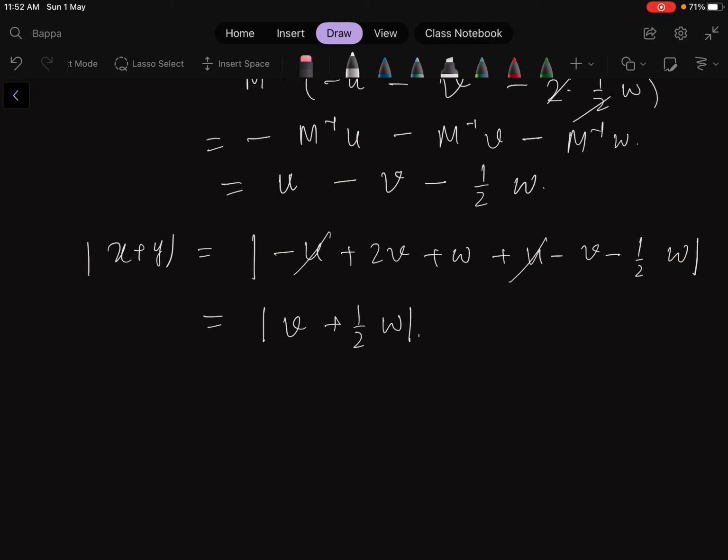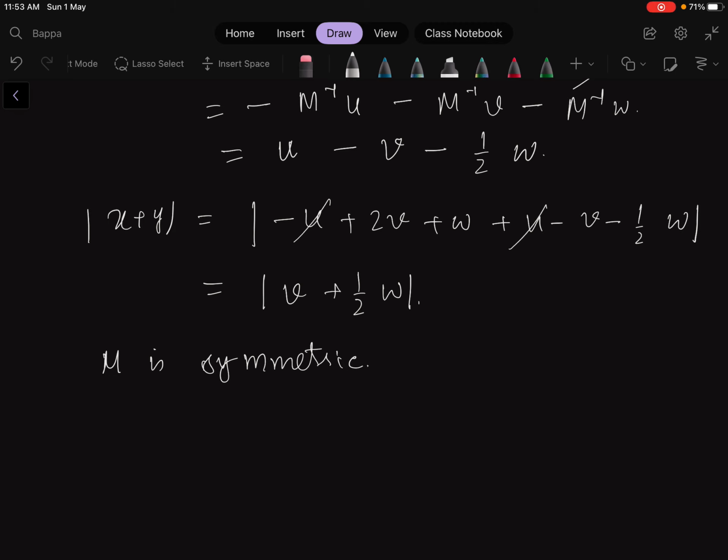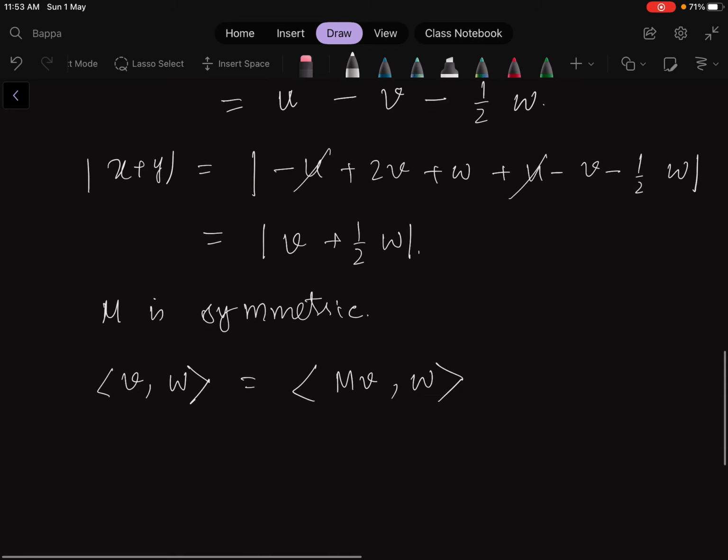Now see, M is symmetric. And then I want to claim that v and w are perpendicular to each other. Then v comma w, this is equal to Mv comma w, since Mv equal to v. Now this is equal to v comma M transpose w.